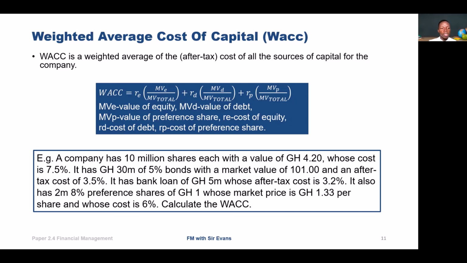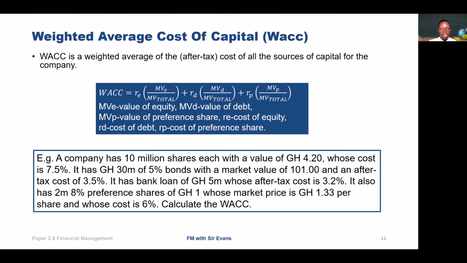For the next one, it says it has 30 million cedis of 5% bond with a market value of 101 and an after-tax cost of 3.5%. So for this one, we realize that the cost of the bond is 3.5%, and the market value of the bond is 101. I mentioned that the nominal amount of each bond is 100 or 1,000.